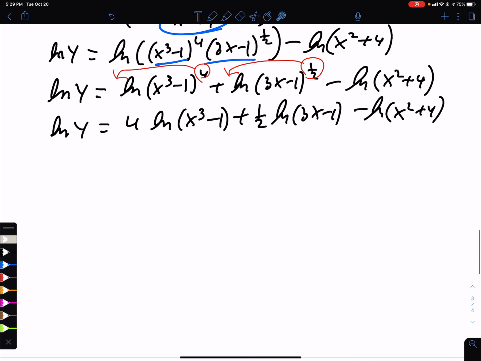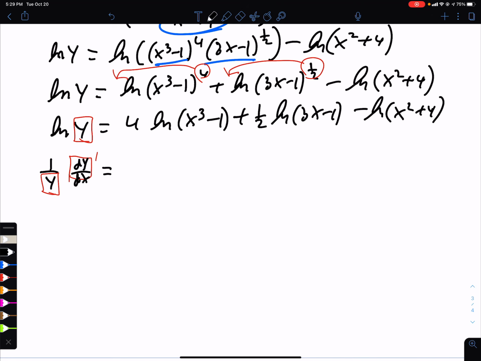So we need to take the derivative of both sides, but y is our function. So that's ln of box. What's the derivative of ln of box? It's 1 over box times the derivative of box, but the derivative of y, by definition, is just dy/dx.